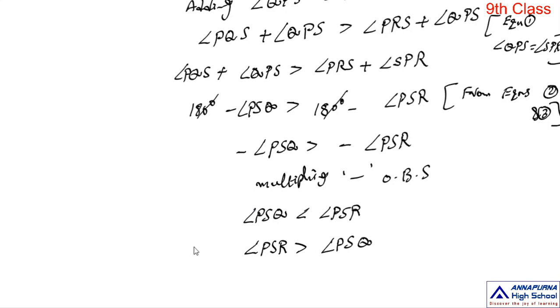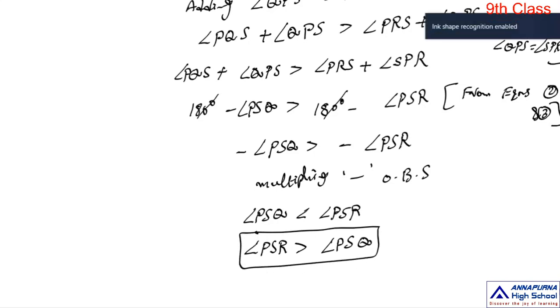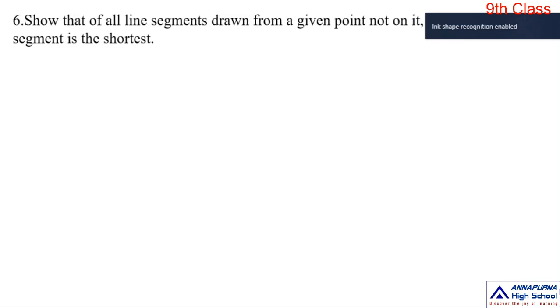This is the fifth problem. Next, sixth problem. Show that of all line segments drawn from a given point not on it, the perpendicular line segment is shortest. Okay, again read the statement.